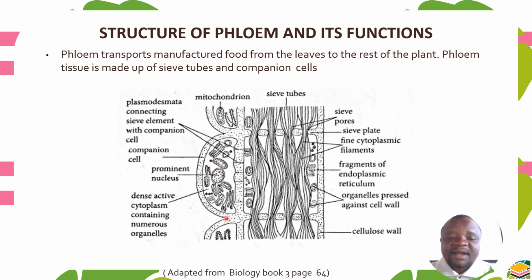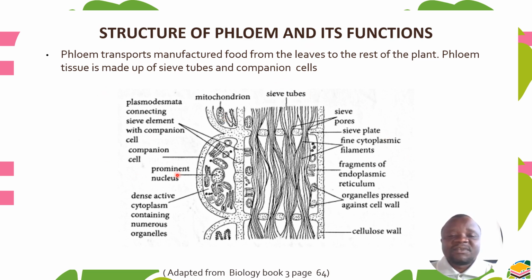Now the companion cell is full of mitochondria to generate energy for active transport of the glucose. So this is the structure of the phloem.